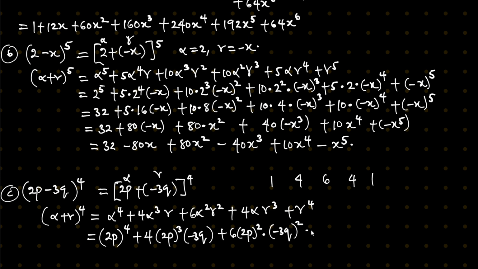Okay, now plus 4, we are here right now, times 2p gamma cube, that is minus 3q all to the power of 3, and lastly plus minus 3q all to the power of 4.